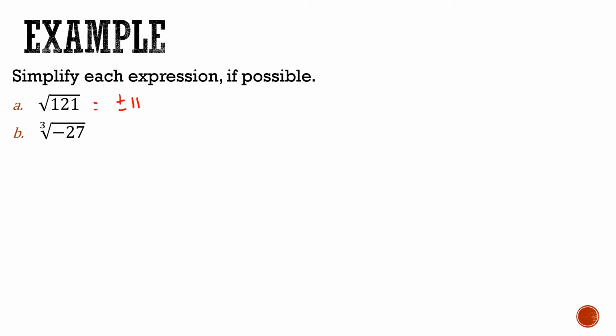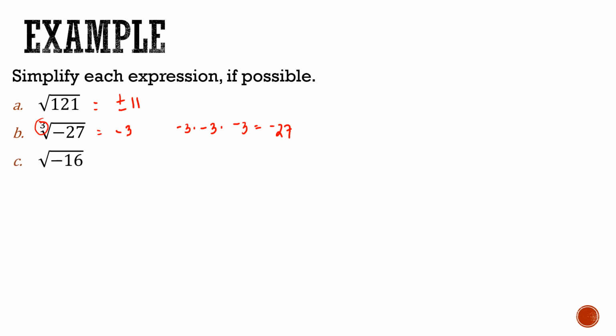What is the cube root of negative 27? The cube root of negative 27 is negative 3, because negative 3 multiplied by negative 3 multiplied by negative 3 is equal to negative 27. Take note, we can only have a negative radicand if our index is an odd positive integer.